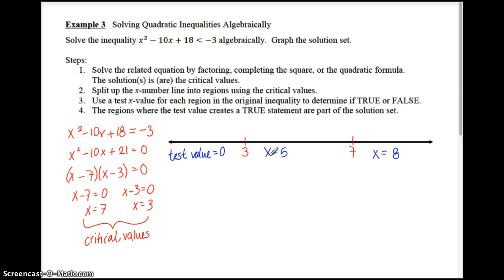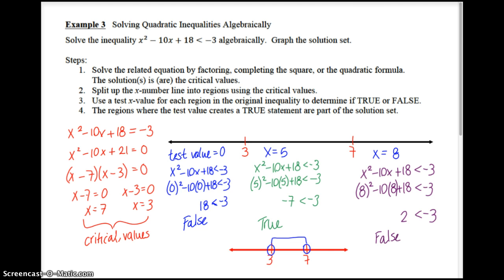So what I want you to do now is pause the video. Using the original inequality, plug in for x the different test values that we've come up with, and then see where you find a true inequality. You're going to use the original inequality. And turn the video back on when you're ready to check your test value results.